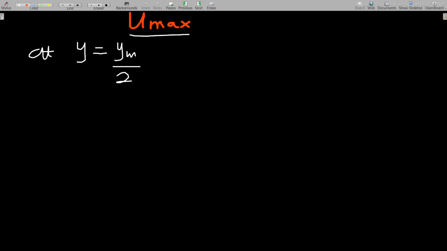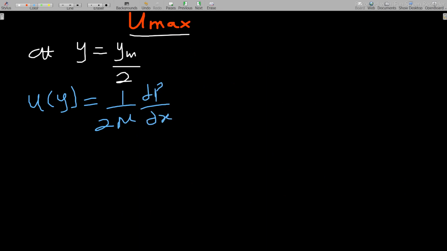So u max. Now we are supposed to find the maximum velocity, and the maximum velocity occurs at y equals ym over 2. Let's record that our u of y is given as 1 over 2 mu, del p del x, then y squared minus ym y.